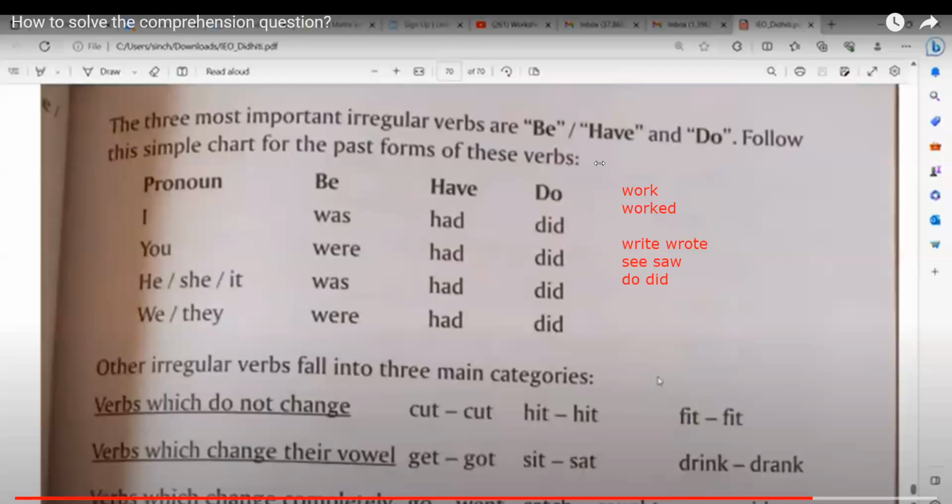Okay, now Avishikta, can you give me an example with hit and hit both in the present tense and in the past tense? Avishikta, are you there? Yes, ma'am. He hits a six and he hit a six yesterday. Very good.